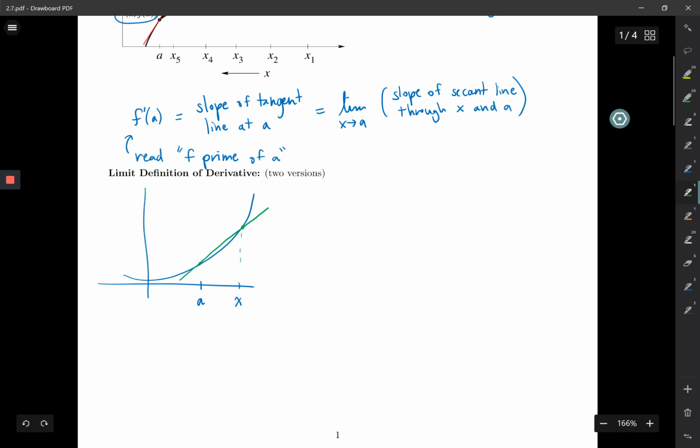So this graph is f, that means that this point over here, the height of it is going to be f of x, and over here, this will be f of a. So what we get is that this point, if we want to write it in coordinates, is x, f of x, and then the coordinates for this point are a, f of a, right? And so we're going to use those to compute the slope.